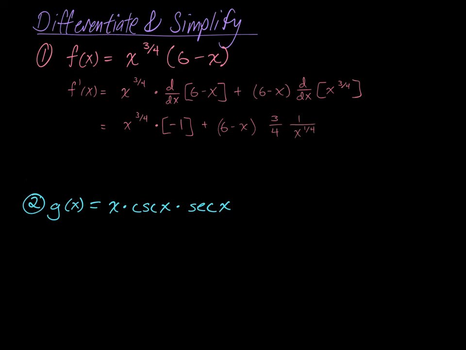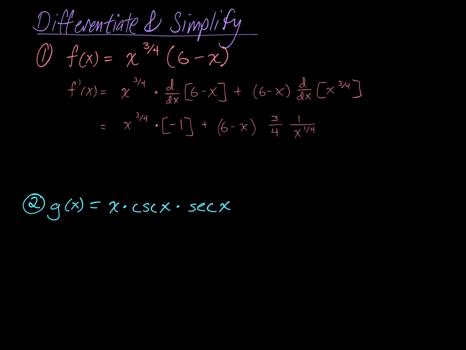And that is because the 3/4 is pretty easy to understand. You just bring the exponent to the front. There it is, 3/4. But when you subtract 1 from this exponent, you get x to the -1/4 power, and the -1/4 power tells you to write that variable in the denominator with a positive power.